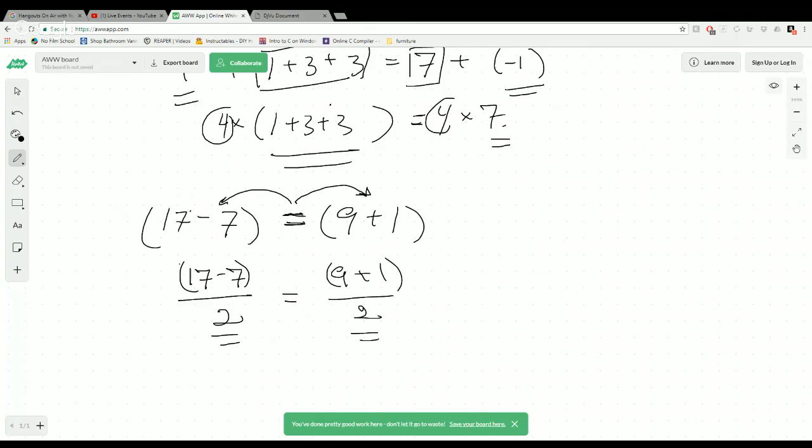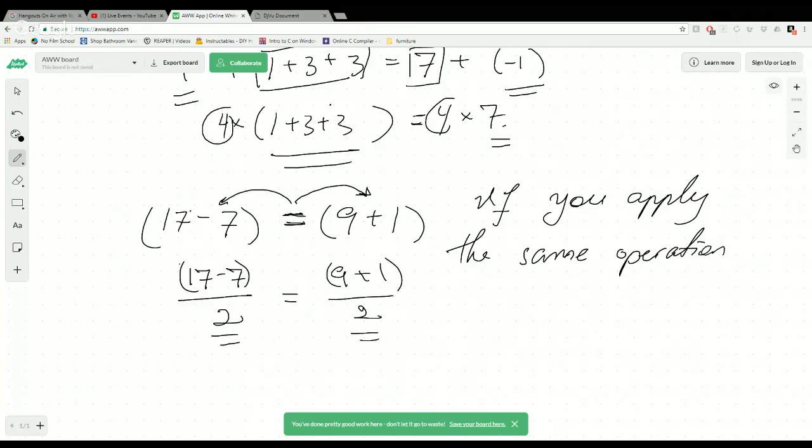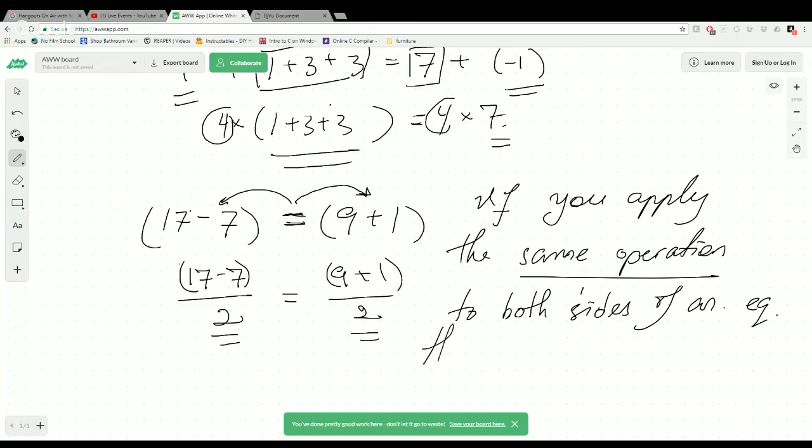Okay? So this is the expression that you'll hear a lot in your algebra classes, that if you apply the same, let me write that down actually. If you apply the same operation to both sides of an equation, the resulting equation still holds.